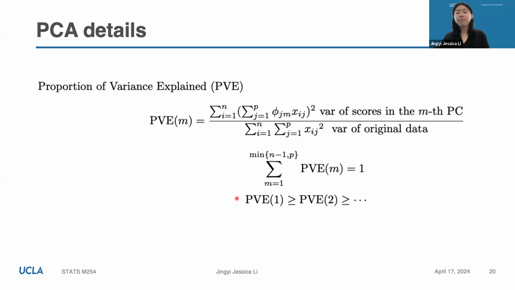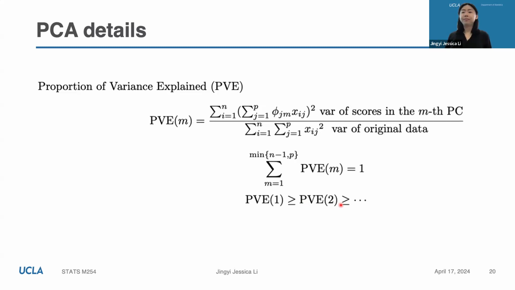And another property is that PVE1 is the largest. It's larger than or equal to PVE2 and so on. The reason is that when we look for the PCs, we intentionally find PC1 to maximize the variance. That's just the simple reason.